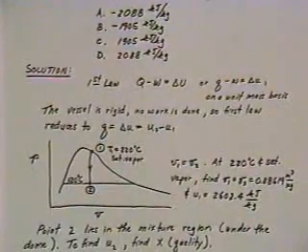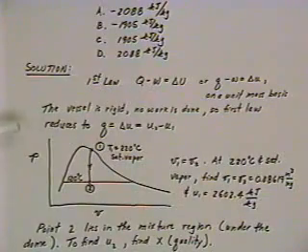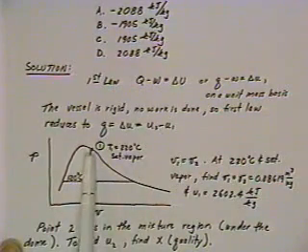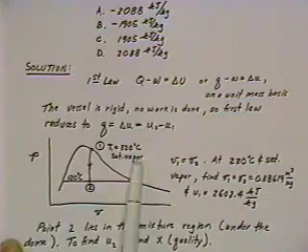Okay, so let's go through a little bit of analysis of how we solve this problem. First of all, you can draw a quick PV diagram to see where you are with the problem. You're starting out at 220 degrees C saturated vapor.